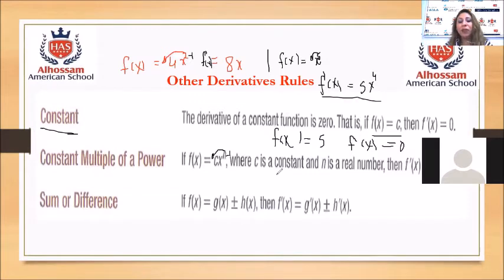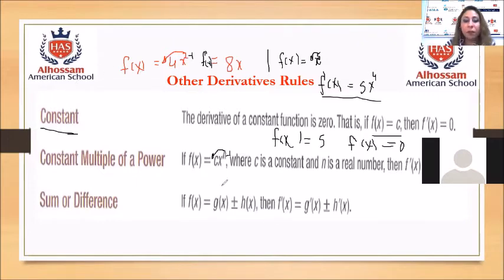Okay? And the last one, if I have a sum or difference between two functions, I will find the derivative of each one, and then I will add both of the derivatives finally, like this.